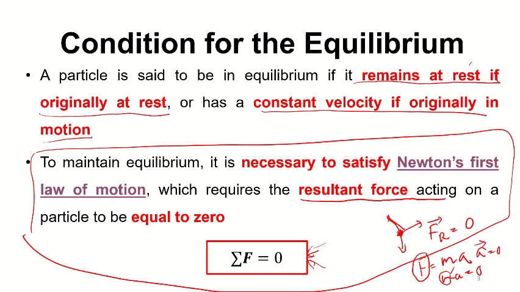As you can see here, the bold letter means the vector summation of all the forces should be equal to 0. Resultant force Fr equal to 0 means the vector summation of all the forces on the particle should be equal to 0.